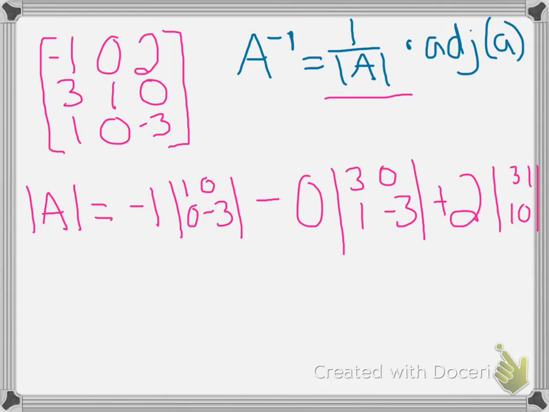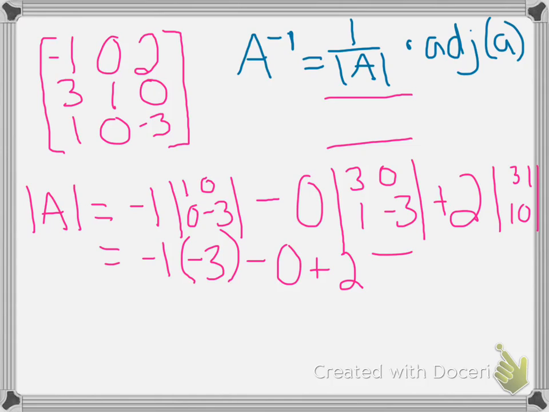So if we simplify this, we get -1 times 3 times 1 minus 0 times 0, which is -3, minus, well, for this one, we don't even have to find it because 0 times anything is 0, plus 2 times 3 times 0, which is 0, minus 1, which is -1.